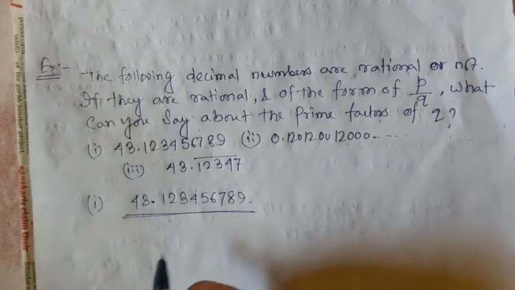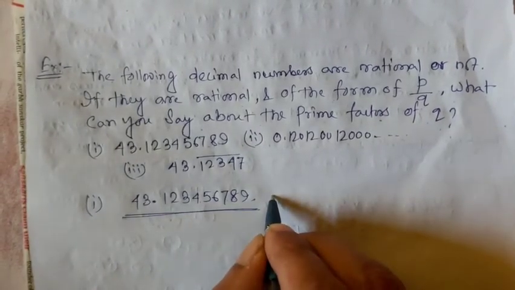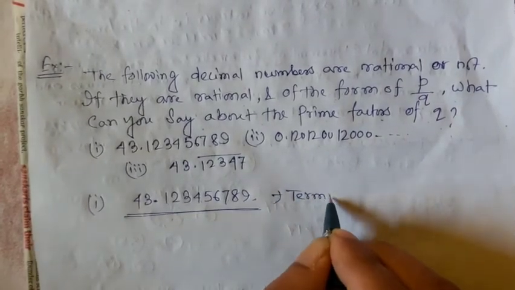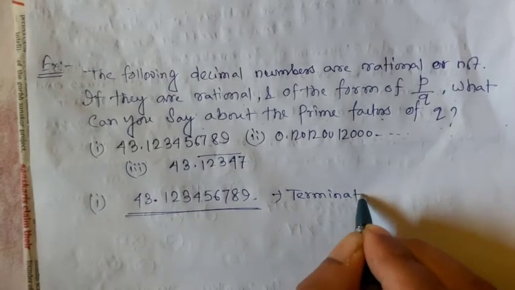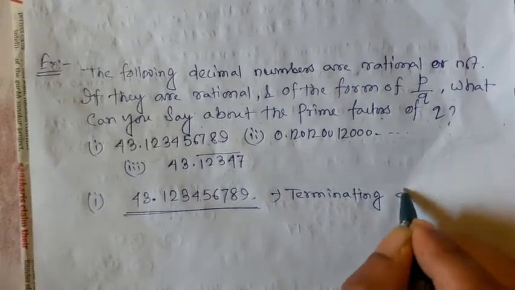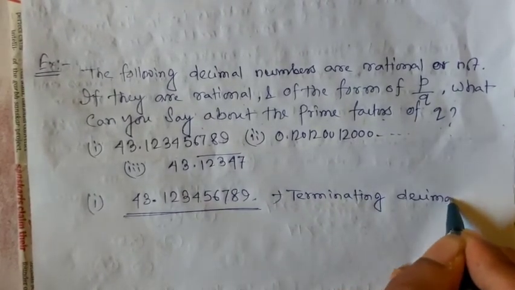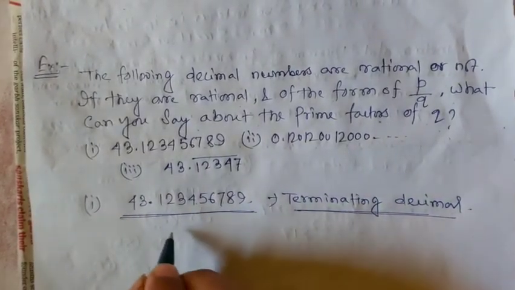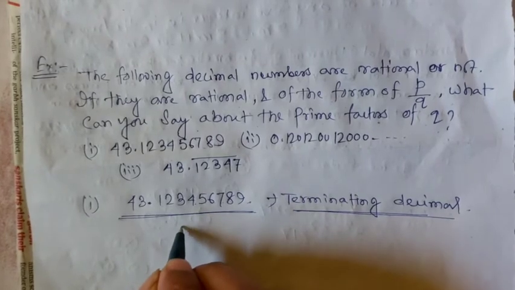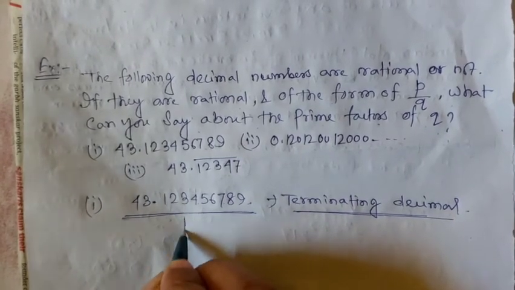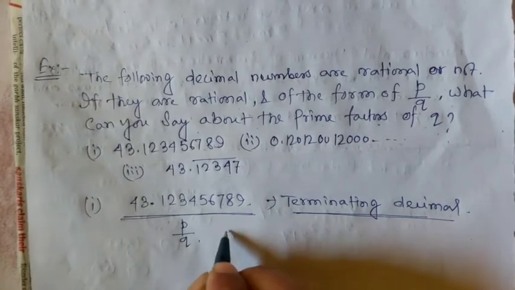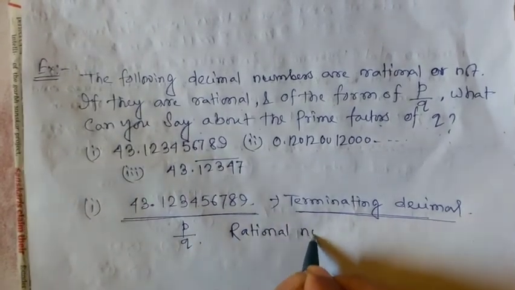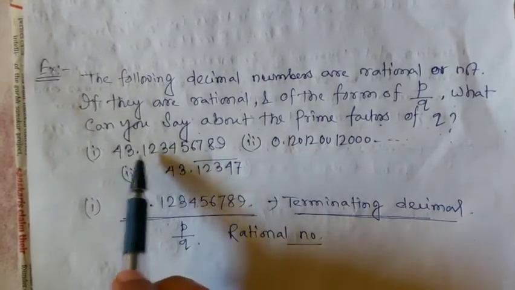That's why this is a terminating decimal. As the number is a terminating decimal, this number can be represented as p by q. So this is a rational number.